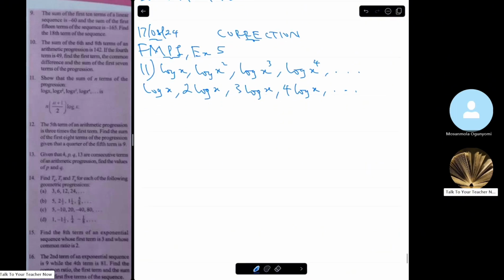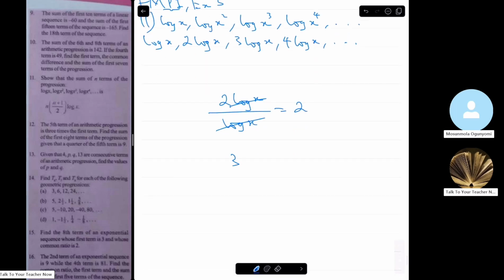Now let's check. If I do T2 over T1, is it going to be the same as T3 over T2? T2 over T1 is 2.